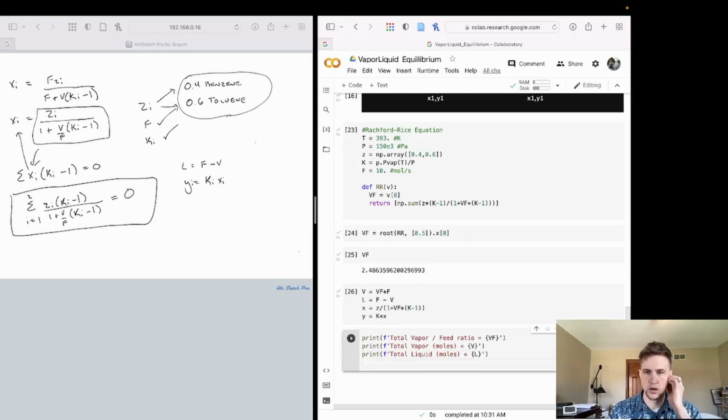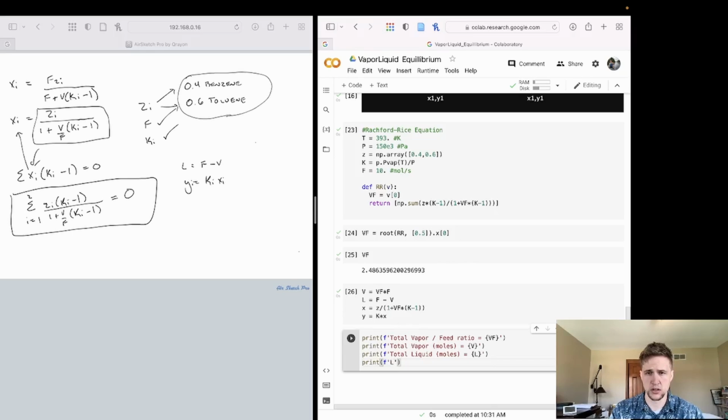We want to know the composition of the liquid and the vapor. So how much benzene is existing in the liquid phase, and how much toluene is existing in the liquid phase, and then again how much of the vapor consists of benzene and how much of the vapor consists of toluene.